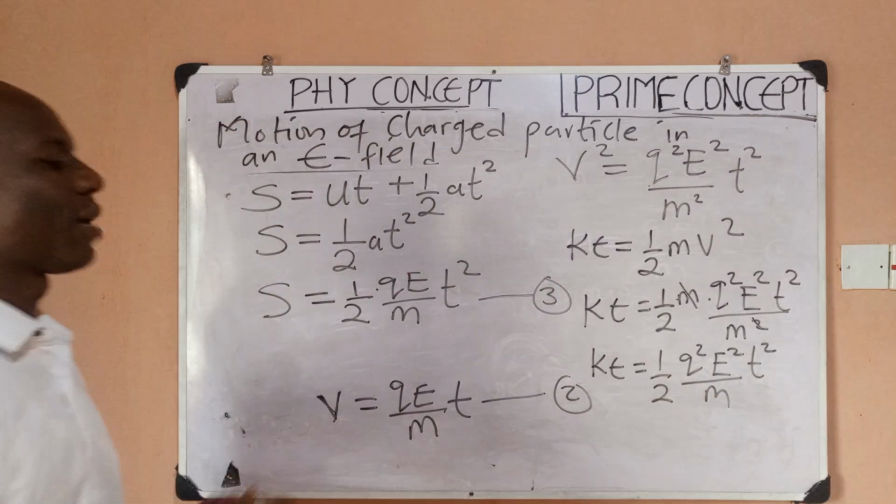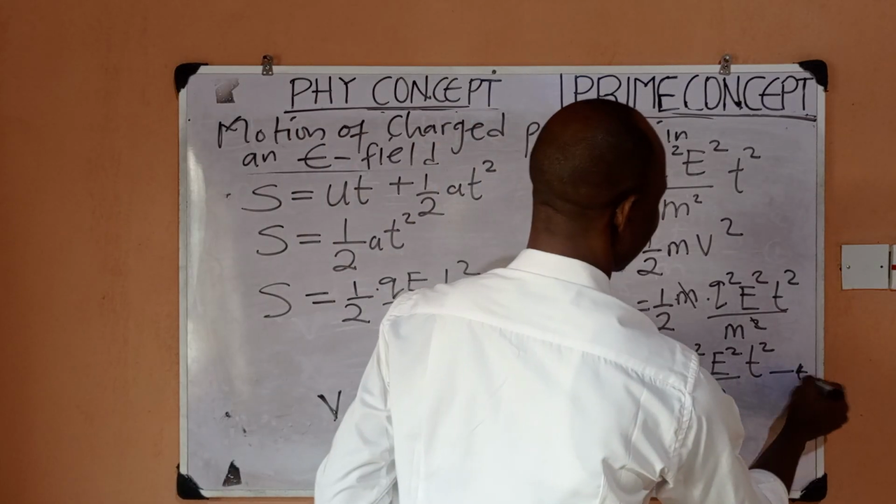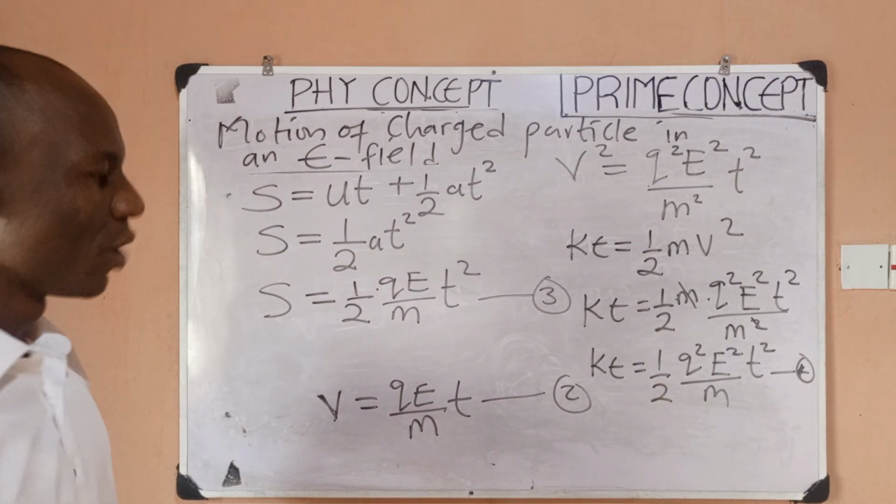So this is what I would have as my kinetic energy. We can call this equation 4, the bonus equation, right?